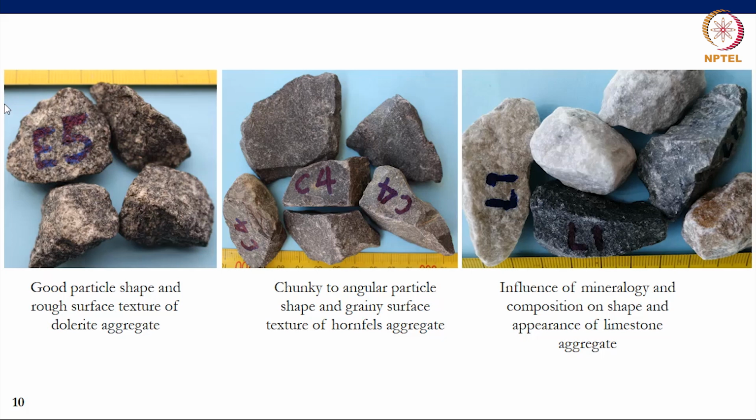They end up being crushed as rounded and chunky particles. The other particles are also limestone but contain various degrees of other materials. As a result of the presence of these other crystal structures, the fracture planes are different, and so you end up with a more angular, more flaky particle shape, all in the same batch of aggregate that is provided by the supplier.